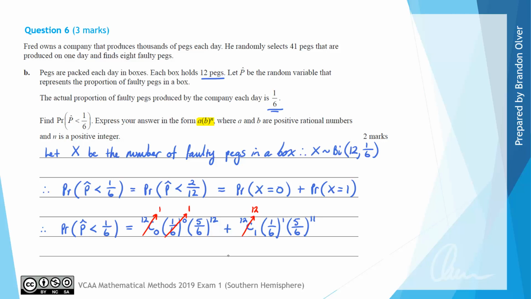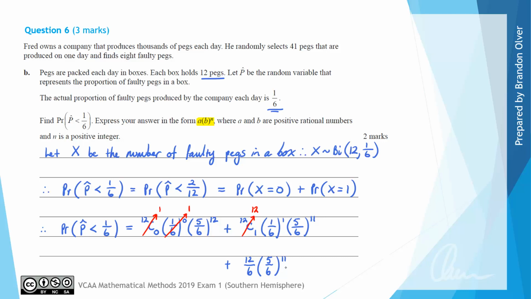Let me write out this second fraction first. 12 times 1/6 is 12/6, and I'm not actually going to simplify that because that will help to get it in the required format, which is probably one of the trickier things about this question. So we're going to have 12/6 times 5/6 to the power of 11. And then for our first term, we just have 5/6 to the power of 12.